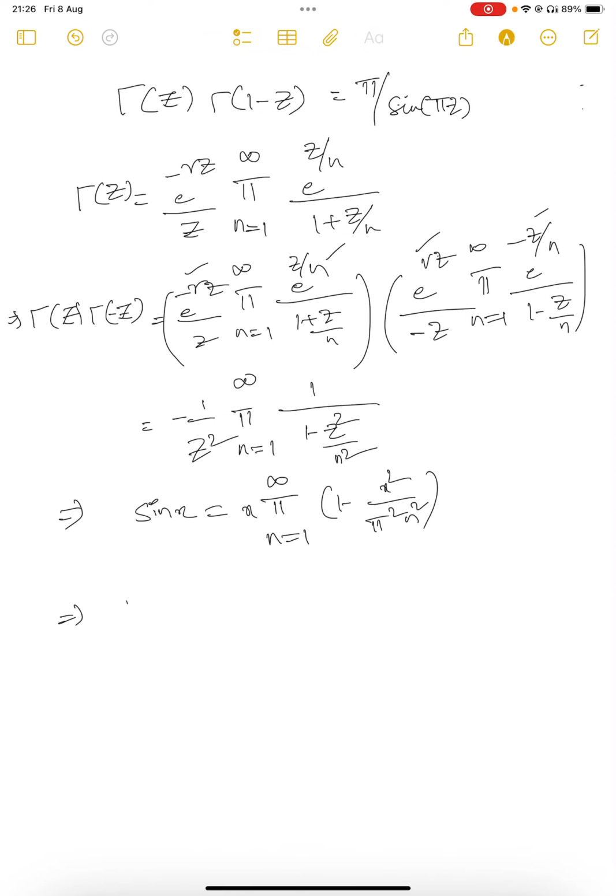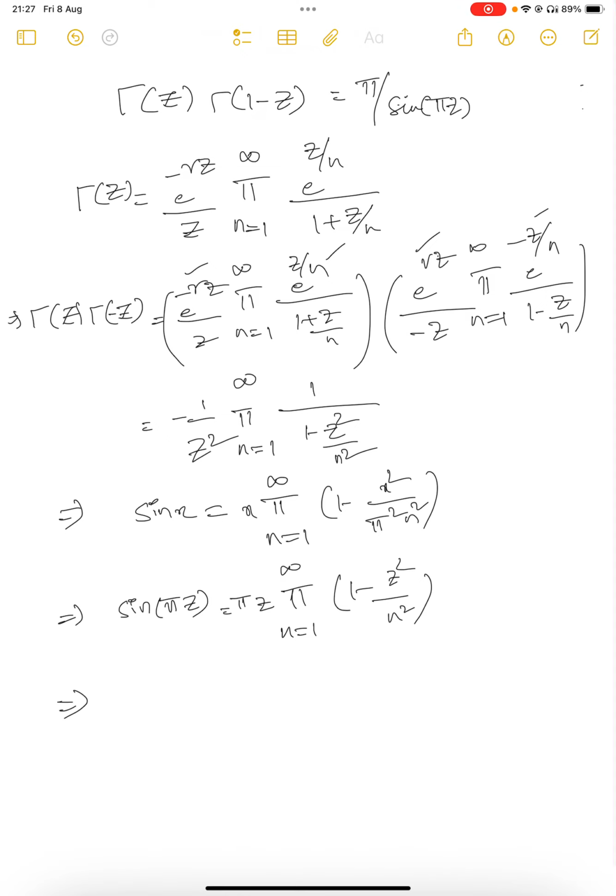If x equal to pi z, then it will be pi z product n equal to 1 to infinity 1 minus x square is pi square z square, right? Pi square and pi square in the denominator get cancelled, then it will be z square by n square.